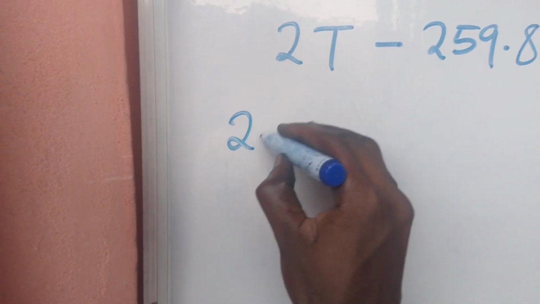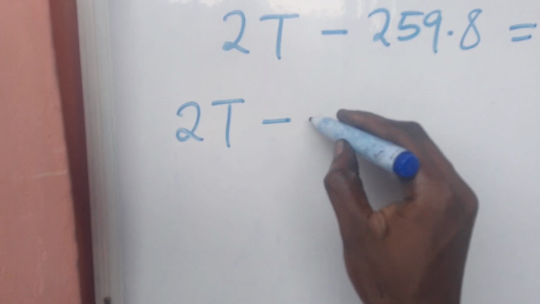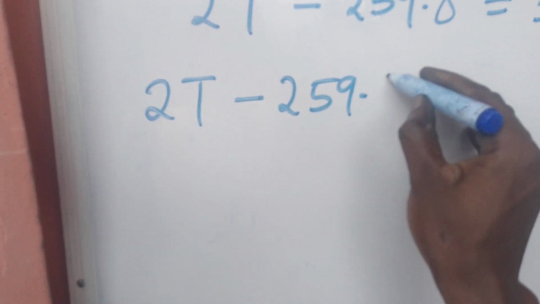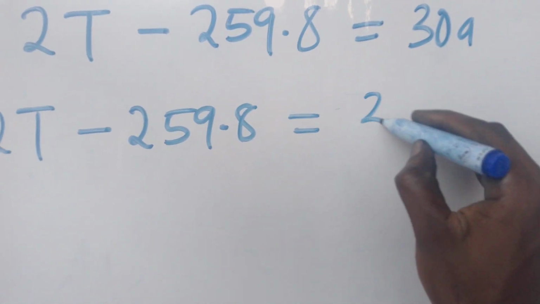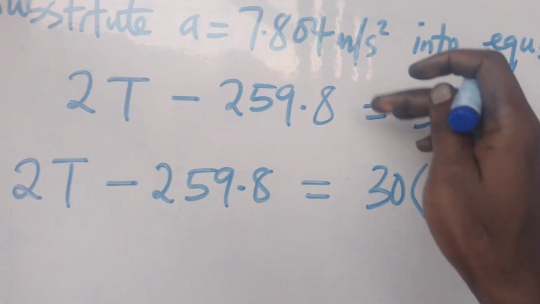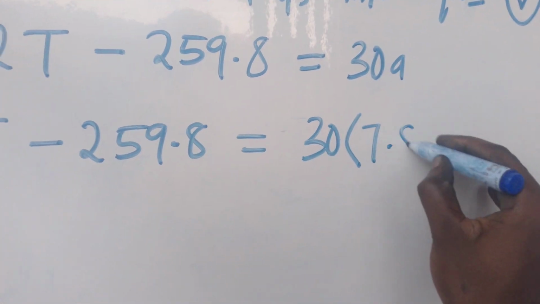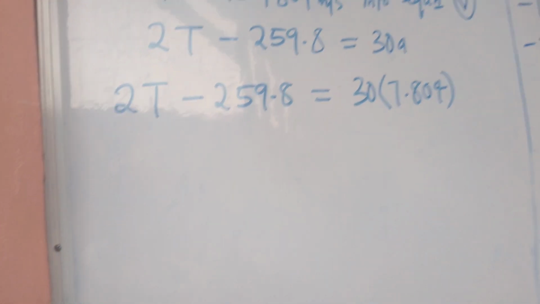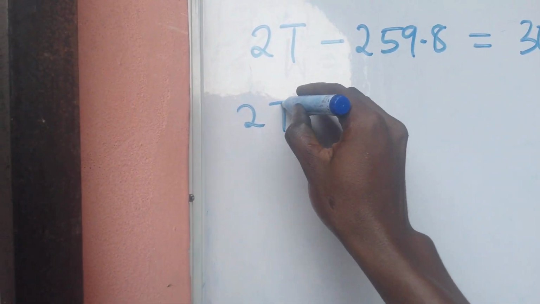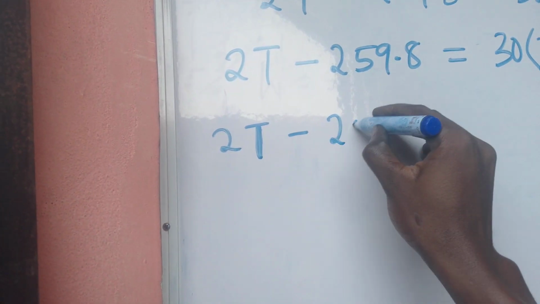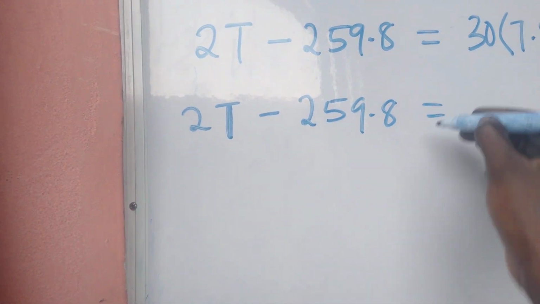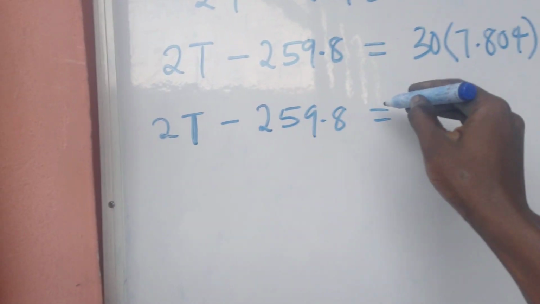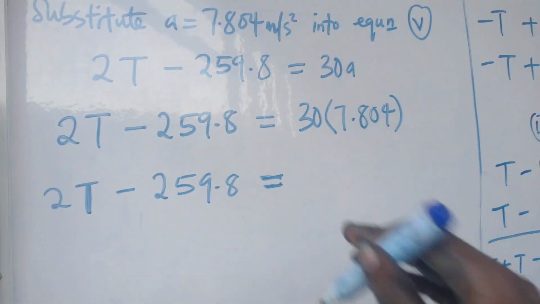So now this will be 2t minus 259.8 equals 30 times 7.804.